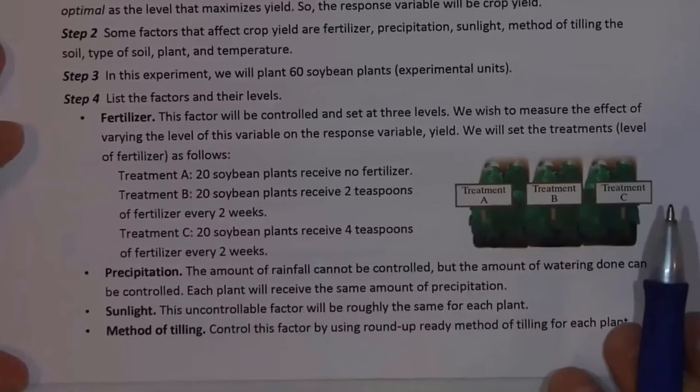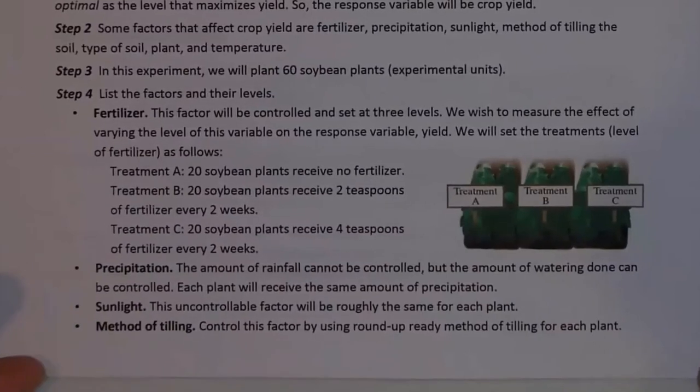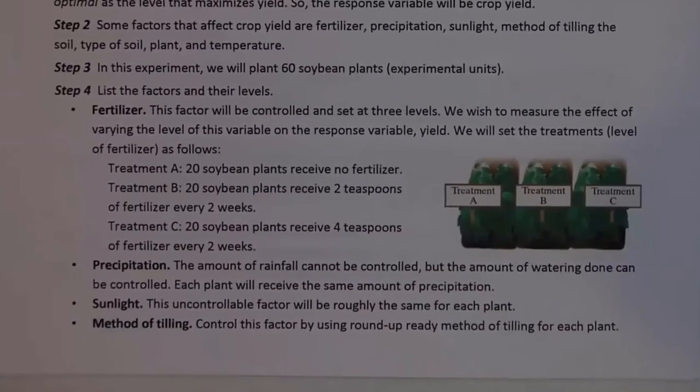Precipitation. Now, we can't really control the amount of rainfall that's going to occur unless we were to put these soybean plants in a greenhouse. If we were going to grow them in a greenhouse, then we could control the amount of water that they receive. If we're doing artificial watering, we can control that even if we're out in a field. So we make sure that all of the plants are receiving the same amount of water.